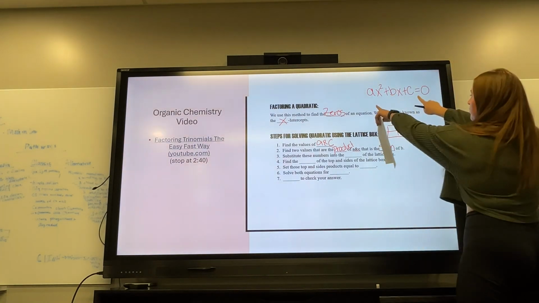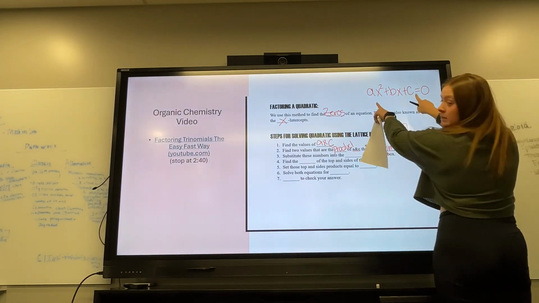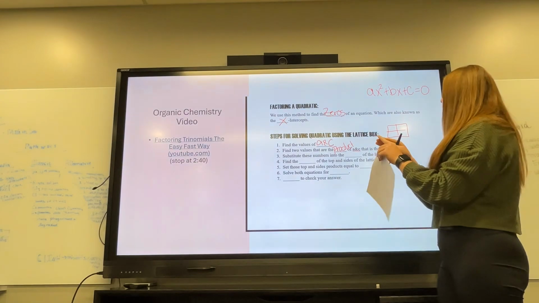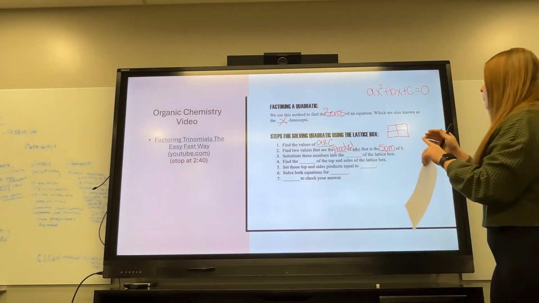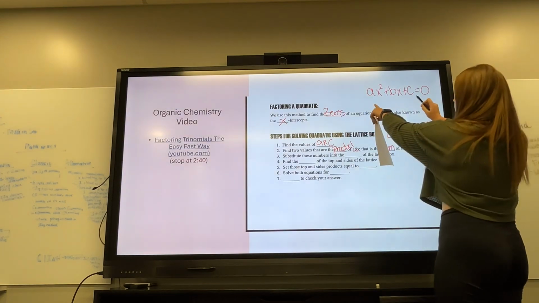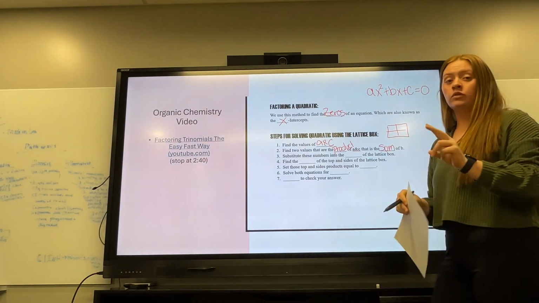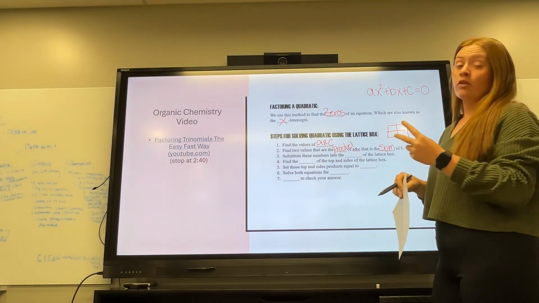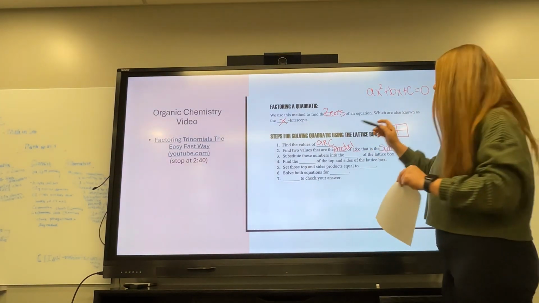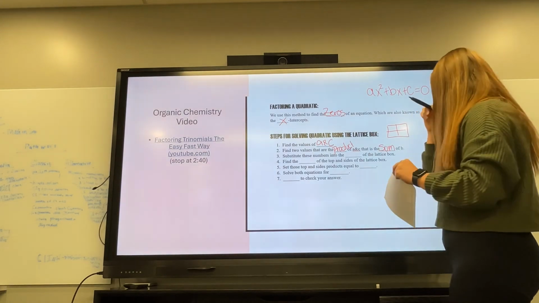So we're going to multiply our A and our C together and get a number, and then with that number that these two multiply to, we have to find 2 numbers, either those same 2 numbers that also add to B, or 2 different numbers that multiply to A and C and add to B.